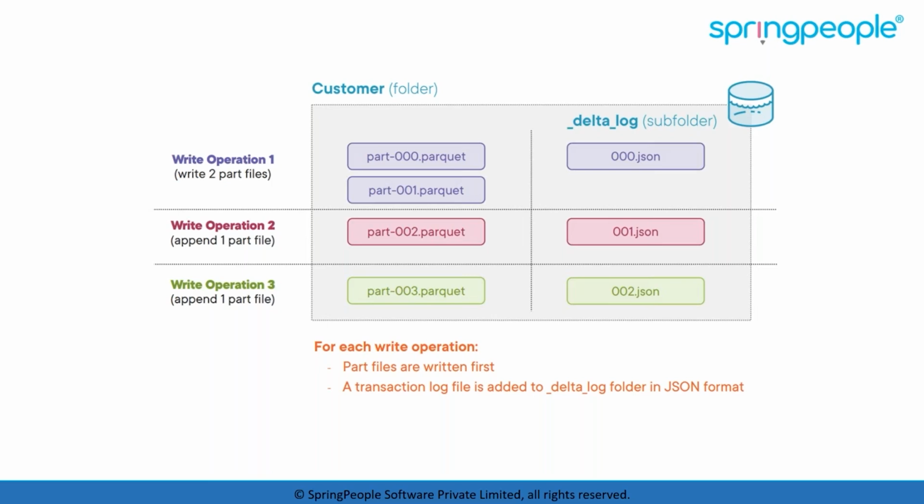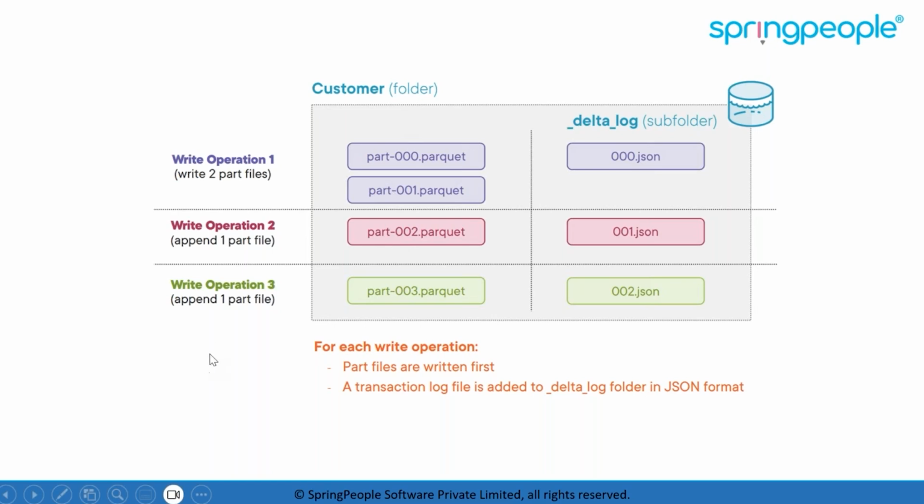And then another user is performing another write operation to append another partition file. So part 2 is written to the folder first, and then it is also maintaining a log saying that another JSON file, 001, is added to the subfolder containing the information about what kind of data has been added to your main folder.